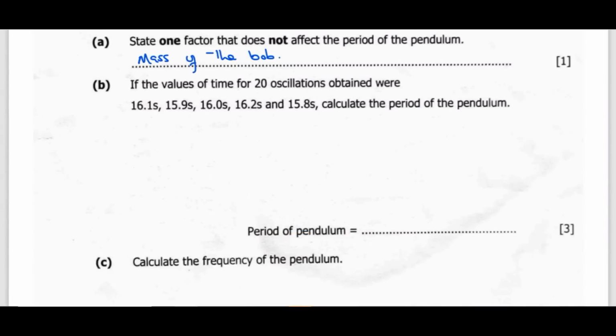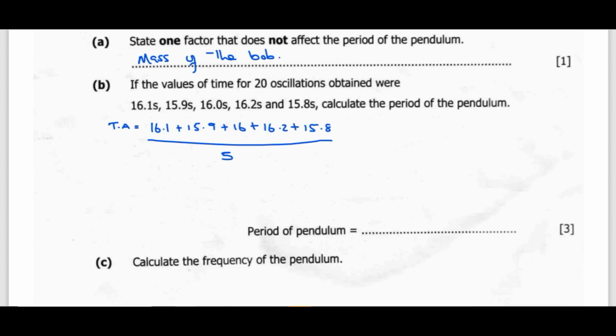For us to find the period of the pendulum, first we have to find the time average. So we say 16.1 plus 15.9 plus 16 plus 16.2 plus 15.8, over 1, 2, 3, 4, 5, so over 5.